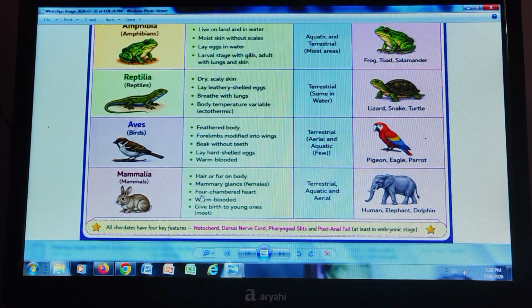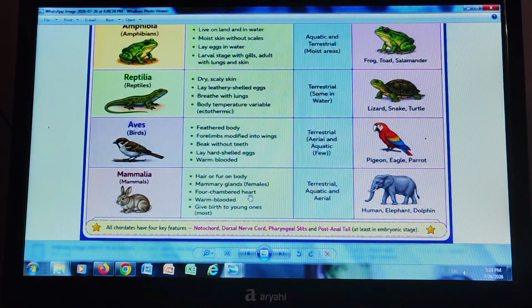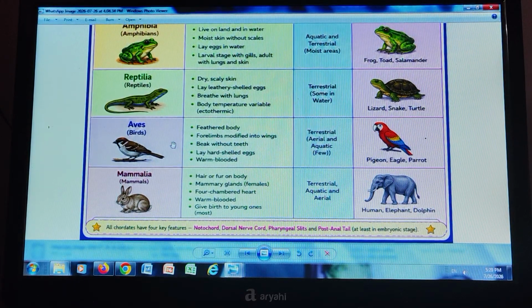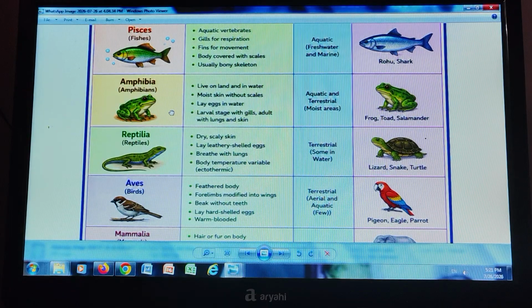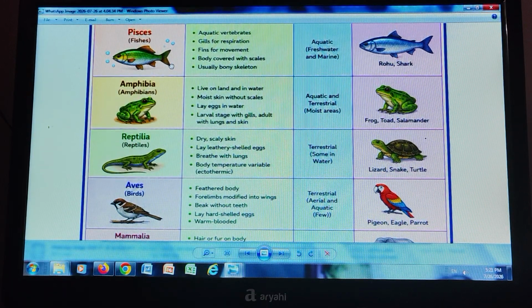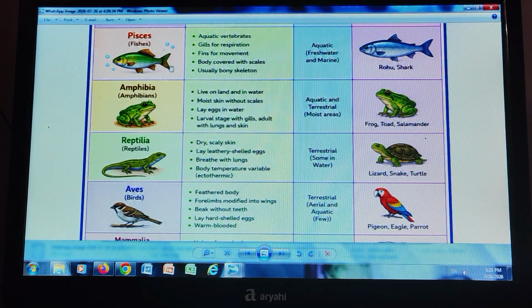And a four chambered heart will be there. Four chambered heart we see in the mammals, and in the Aves also. In the reptiles we see the incompletely divided four chambered heart. In the Amphibia we see three chambered heart. In the Pisces we see two chambered heart only.